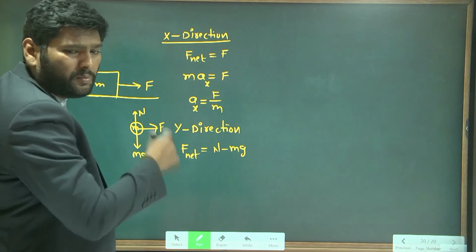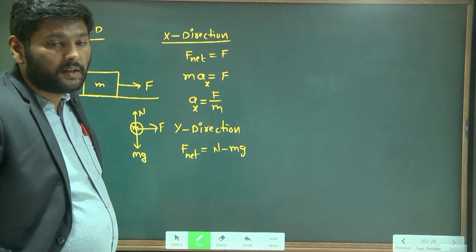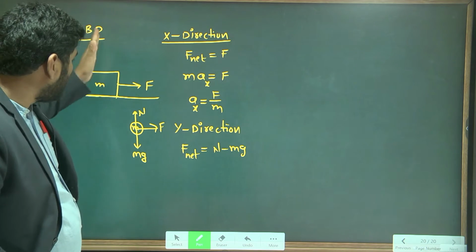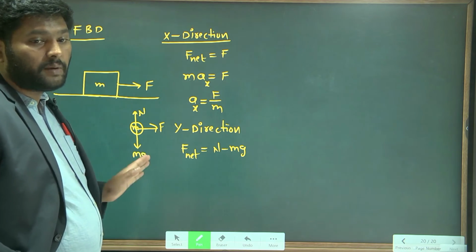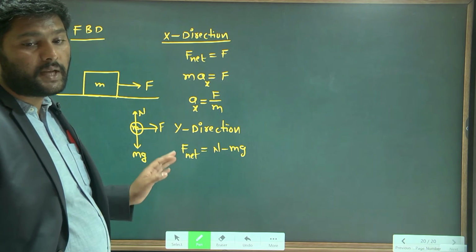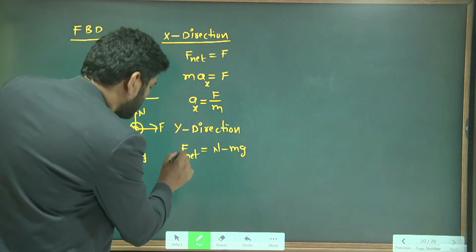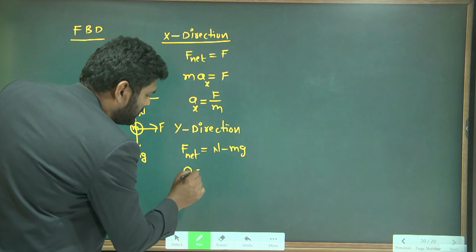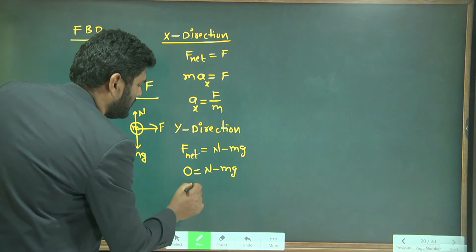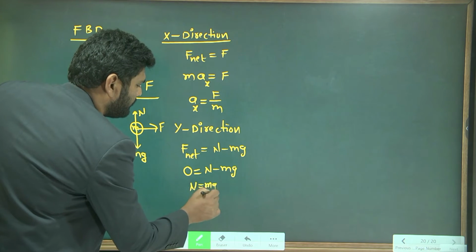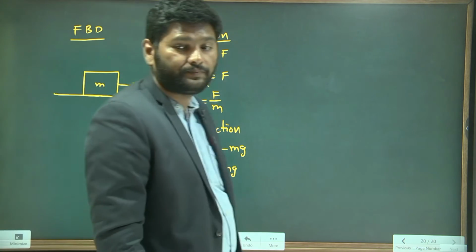But is the object moving along the y direction? Not moving. When not moving, what is the net force acting on the body? Zero. Since F net becomes 0, 0 is equal to N minus mg. From here, N is equal to mg. This is the way we can find the normal reaction.